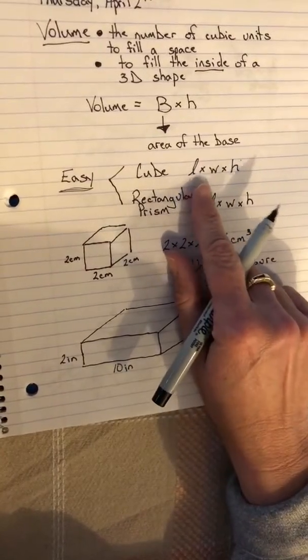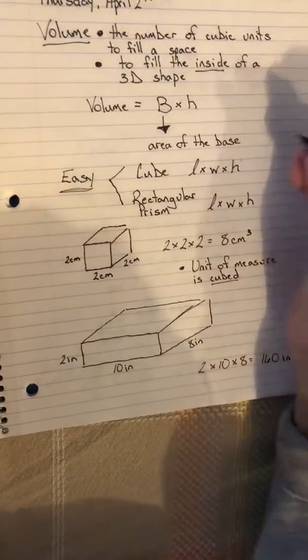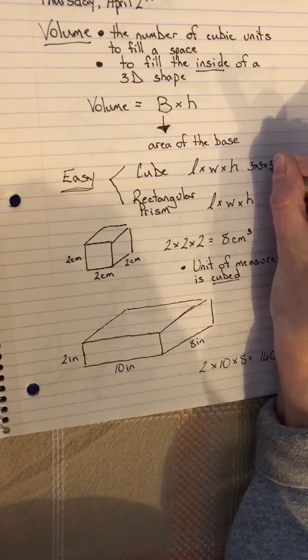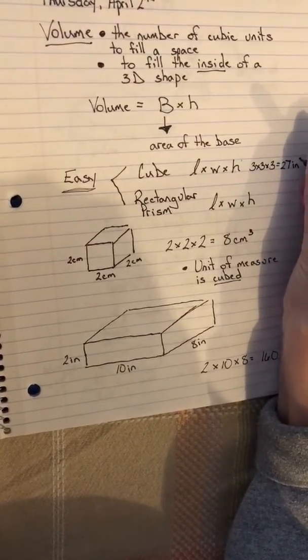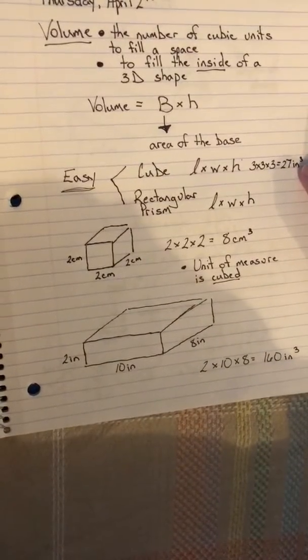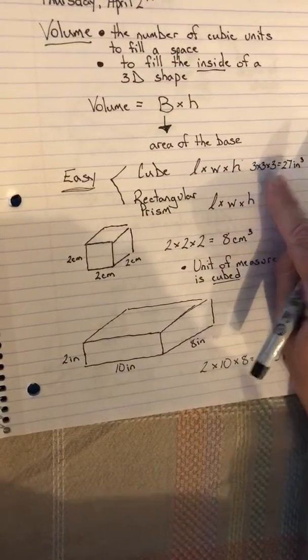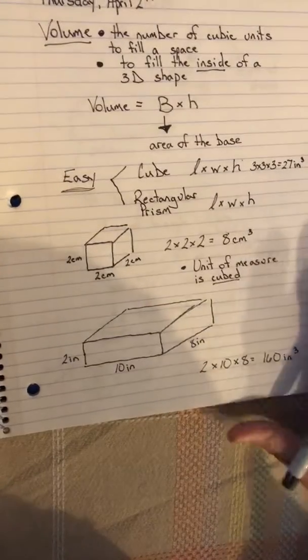So it would be 3 times 3 times 3, which would be 27 inches cubed. And because it's volume, we need to use the 3 exponent, because we are doing inches times inches times inches, which means inches to the 3rd power.